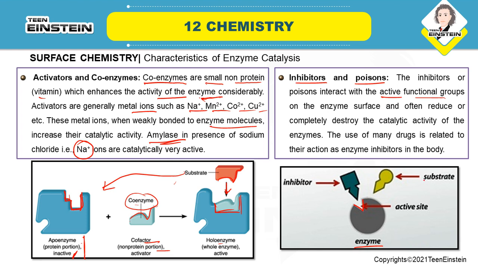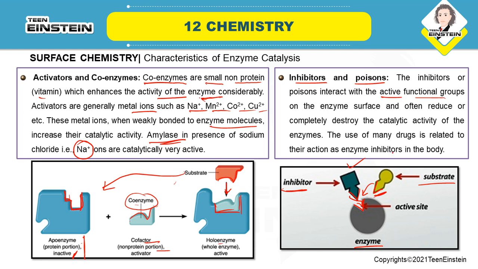Now the substrate has a complementary shape, so it can easily insert here, right? But suppose we want to prevent this reaction, then if you add some inhibitor, the inhibitor also has the same shape. So if the inhibitor is inserted here, there is no active site vacant for the substrate. Okay, so there is some competition, and if the inhibitor wins over the substrate, there will be no reaction.